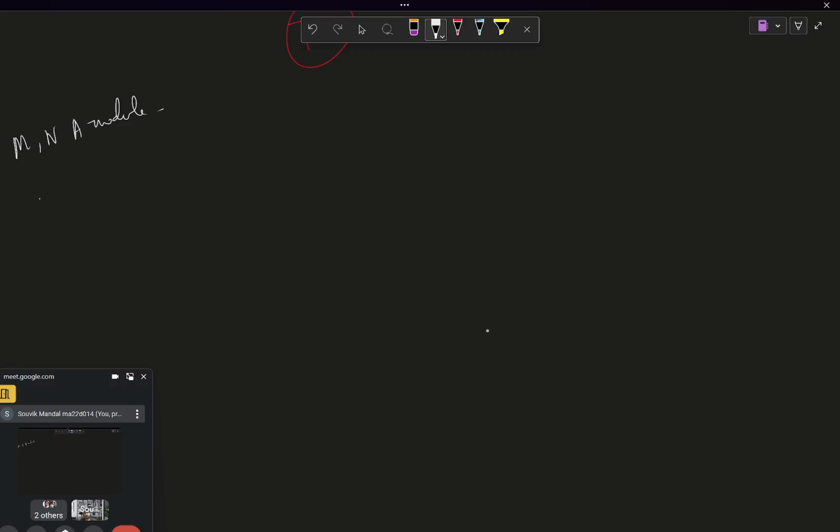Then let T be the A module over M cross N. Do you understand what this line means?